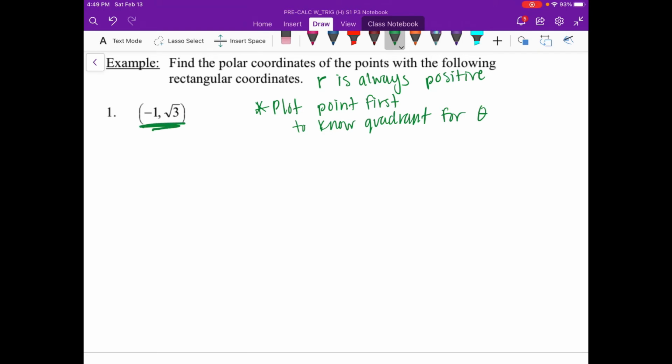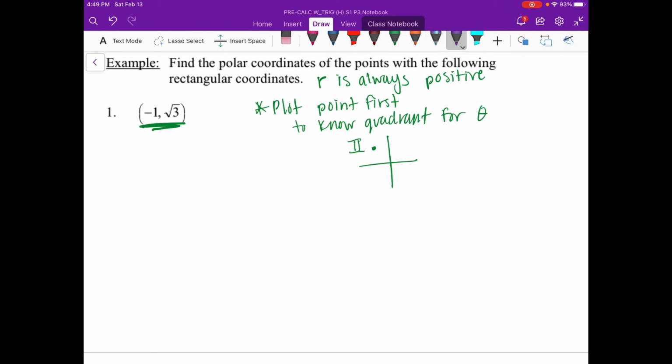So in this case, if I'm plotting the point negative 1, square root of 3, okay, negative 1 is going to be left, and then a positive square root of 3, like somewhere here, right? So this is quadrant 2. This is important so we remember, all right, is tangent positive or negative, and then go from there.